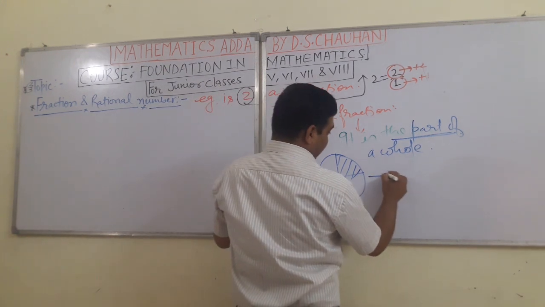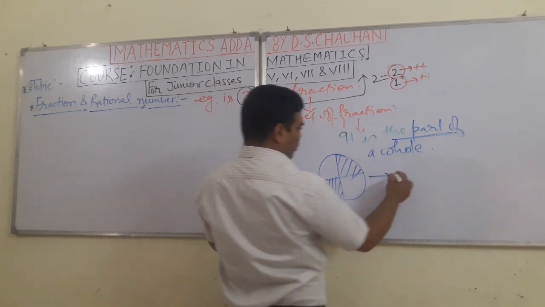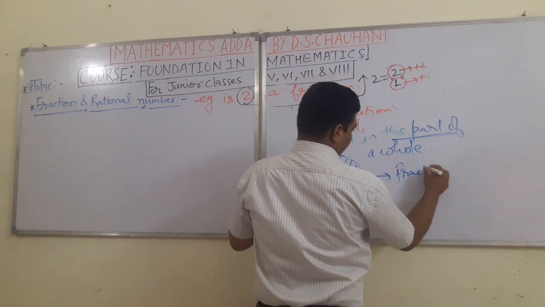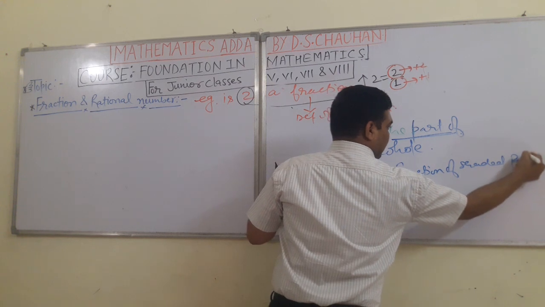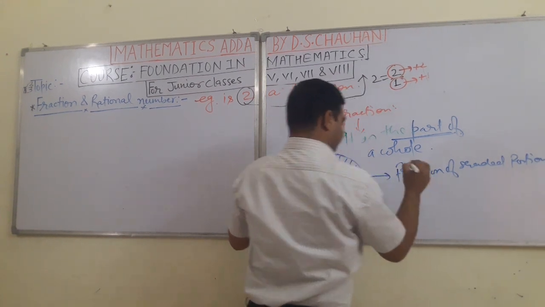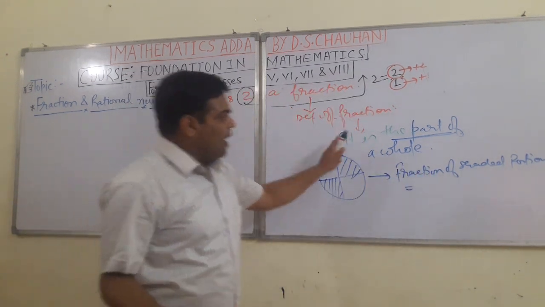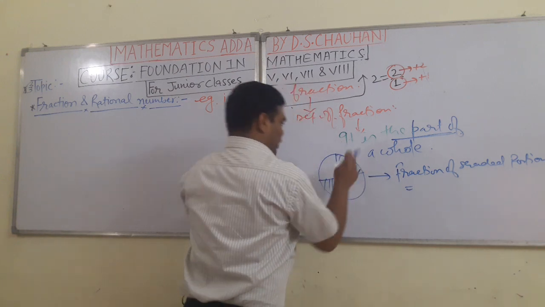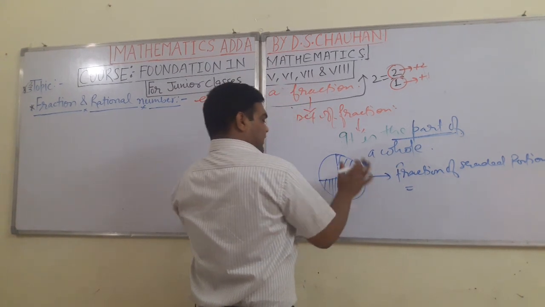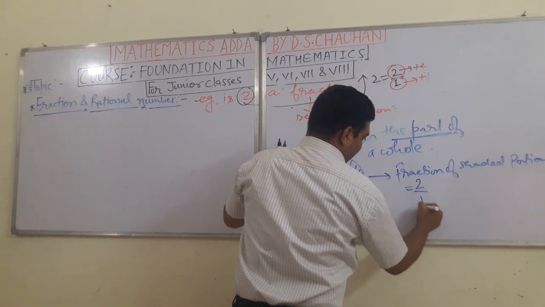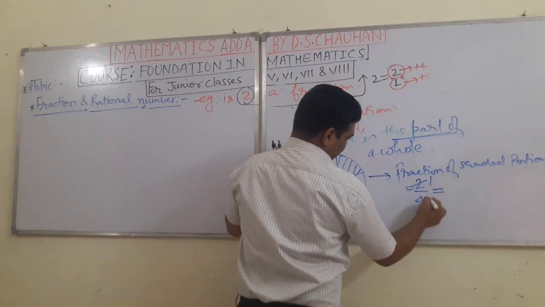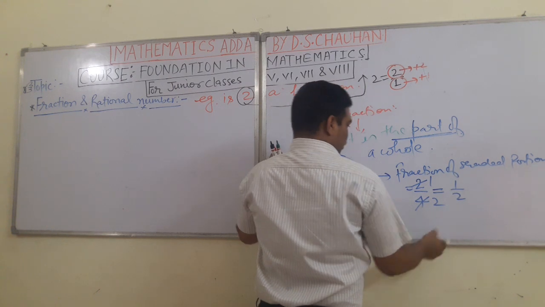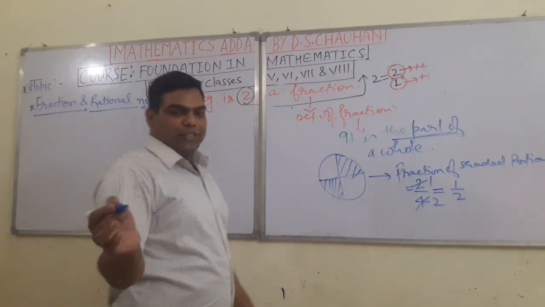So if we want to write the fraction of the shaded portion, it is the part of a whole. This is the whole. How many parts are shaded? 2. So what will we write? 2 by 4, which after simplifying we get 1 by 2. So 2 by 4 is a fraction, 1 by 2 is a fraction.